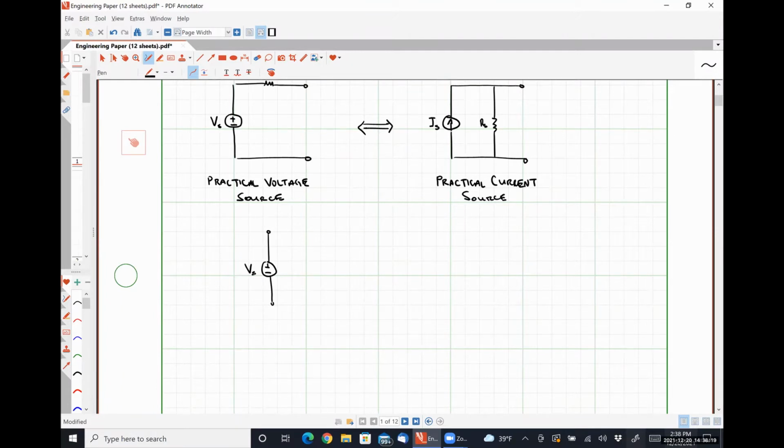So there's a limitation in our model here, and it's best described if we tried to connect our ideal voltage source to a short circuit, because that's absolutely something that we can do in practice, right? We could take a battery and we could strap a wire from the positive polarity terminal to the negative polarity terminal. Not a particularly good idea, but we can absolutely do it.